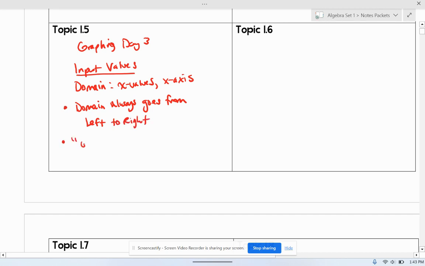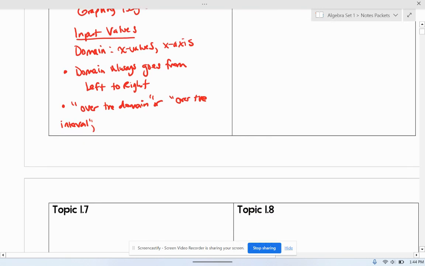And whenever we graph something over the domain or over the interval, you would have the number that it starts at going up to the number that it ends at, and you would use special brackets or parentheses depending on whether you're including that number or not including that number in the domain.